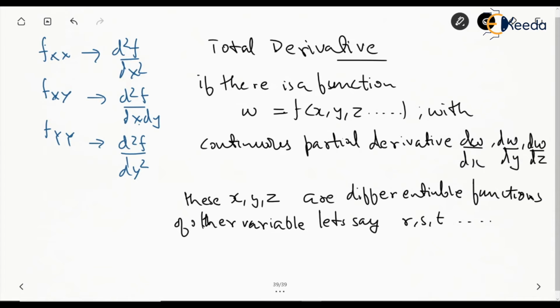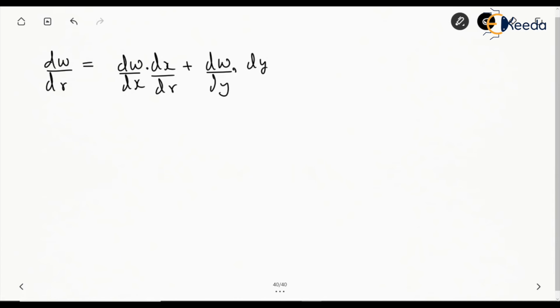Then this total derivative, let's say dw with respect to r, can be given as dw by dx into dx by dr plus dw by dy into dy by dr plus dw by dz into dz by dr, and so on.